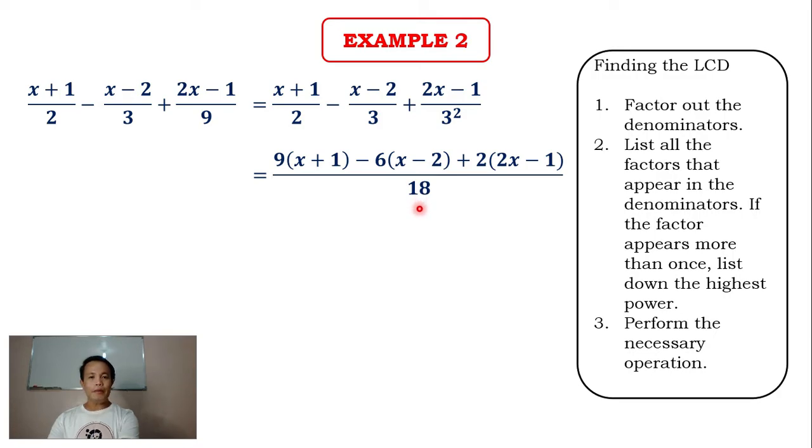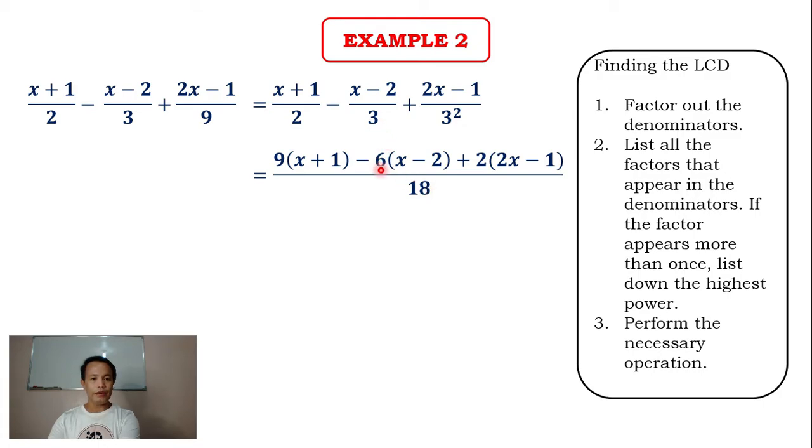Now this time, the same process, we divide the LCD by the denominators. So that is 18 divided by 2, that will give us 9. Then we multiply that with the numerator, which is x plus 1. That's why we have here 9 times x plus 1. Then we copy the minus. Then next, in the second denominator, we have 18 divided by 3, that is 6.